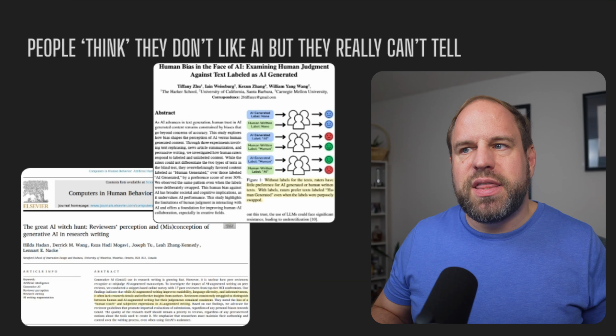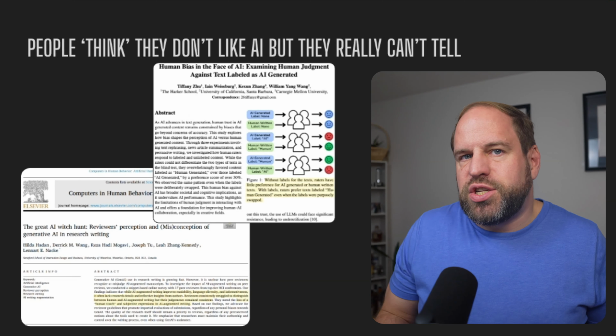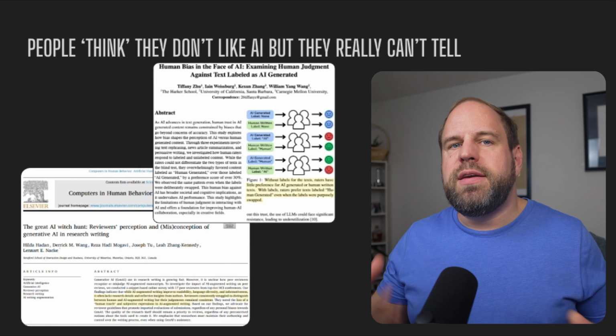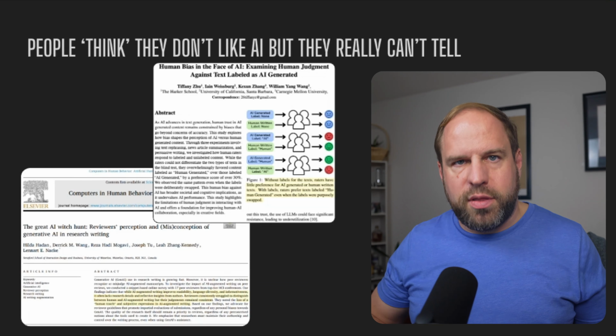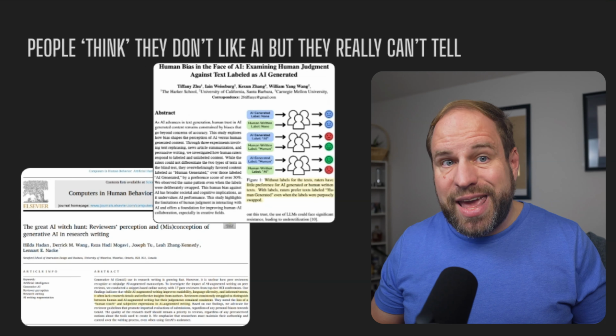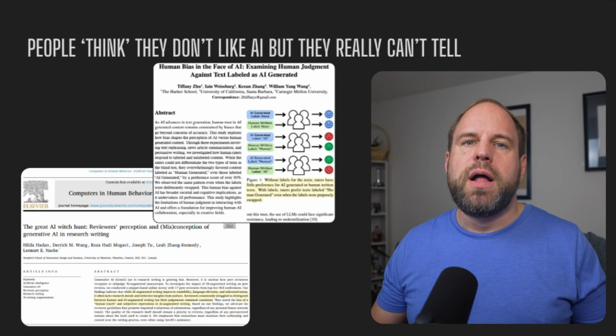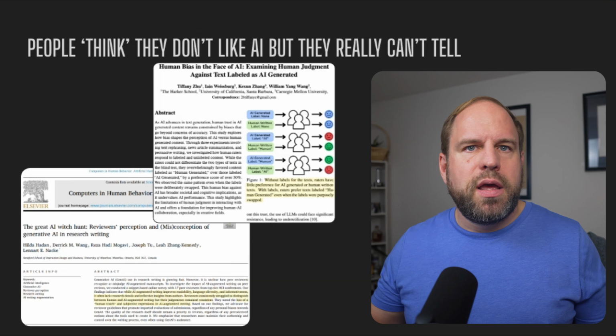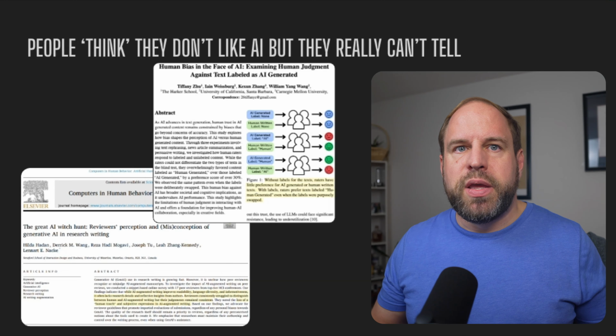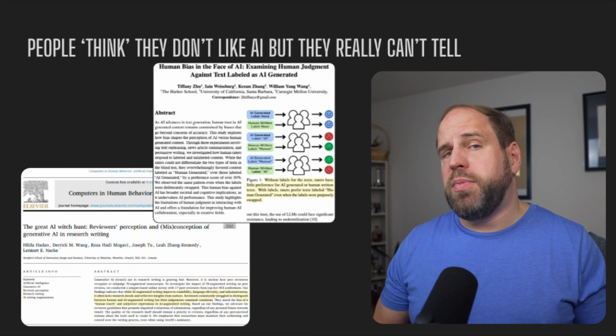But the interesting thing is they just judge it differently because of the label. If we're comparing whether or not they can tell the difference, they usually can't. And we did that in a study on peer reviewers, but it's been done in lots of other studies since then, where we're looking at that bias that people have towards AI.